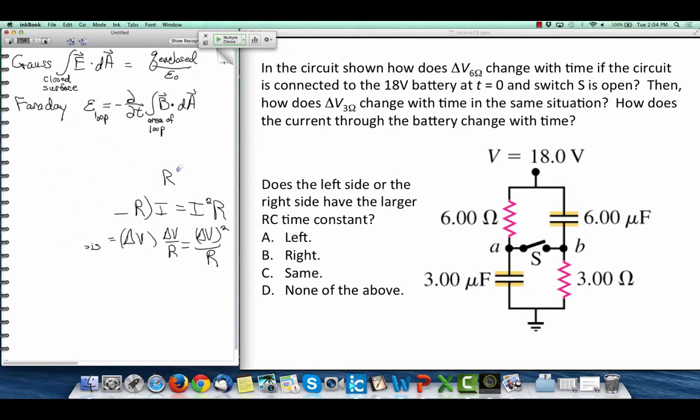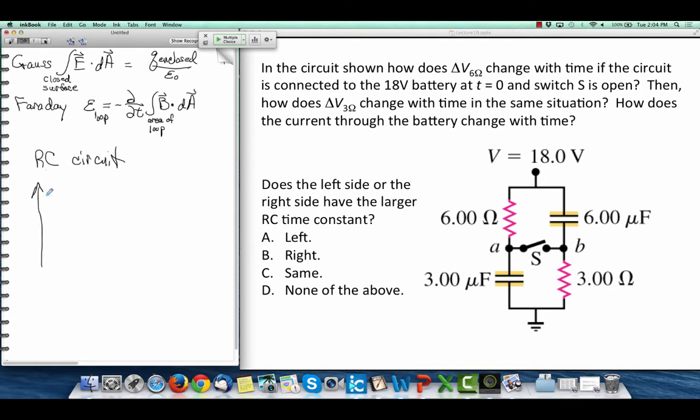If you remember for capacitors, a resistor and capacitor circuit, an RC circuit, that you get this exponential dependence when you hook up a single resistor and capacitor across an 18 volt battery.